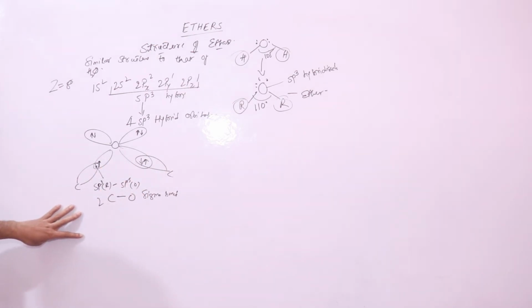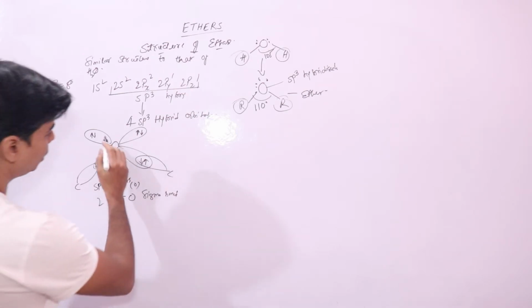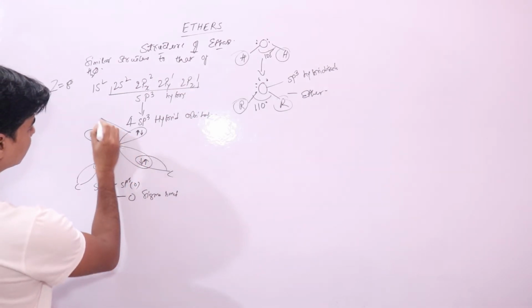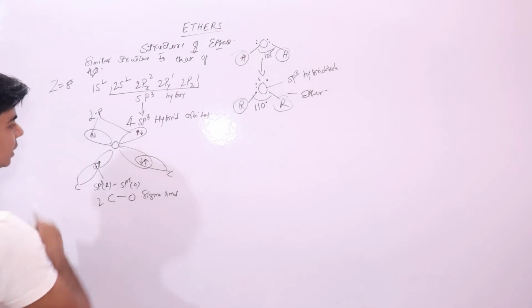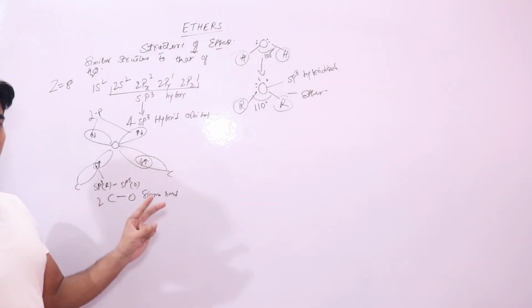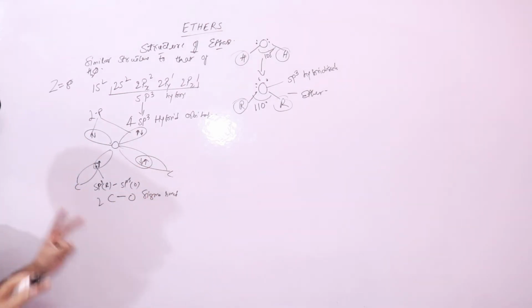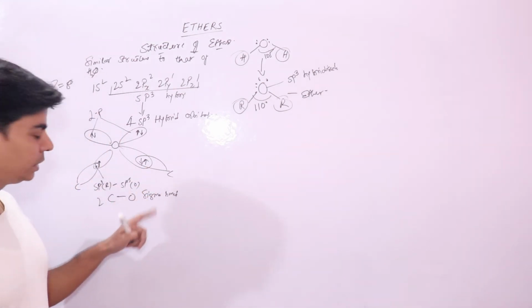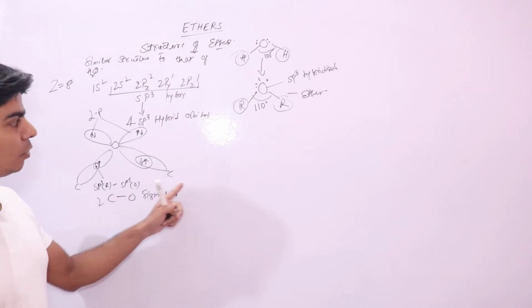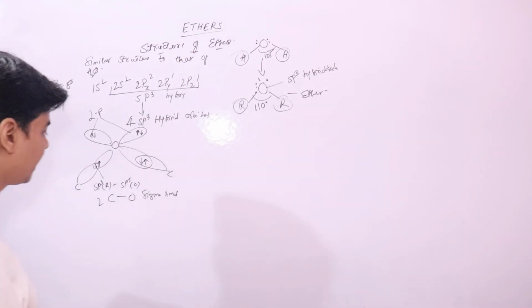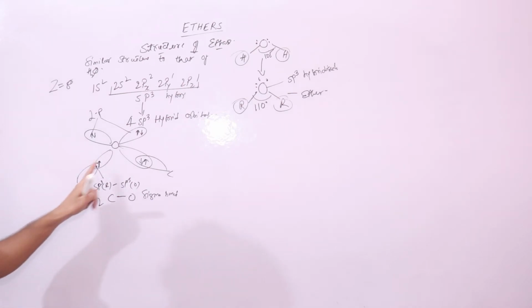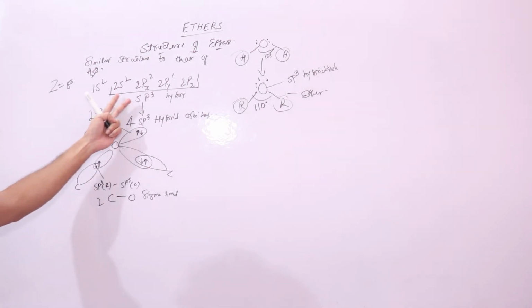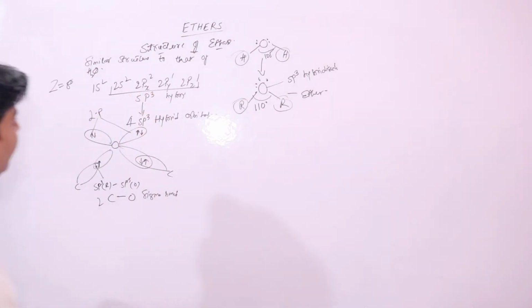This is how the structure looks. You have 2 lone pairs of electrons, and these two are bond pairs of electrons, formed by overlapping of the sp3 hybrid orbital of the oxygen atom with the sp3 hybrid orbital of your alkyl groups. I hope this is clear. These two will form two carbon oxygen sigma bonds. Just know how this hybridization is taking place.